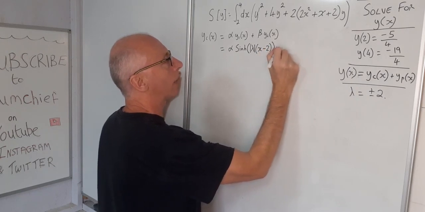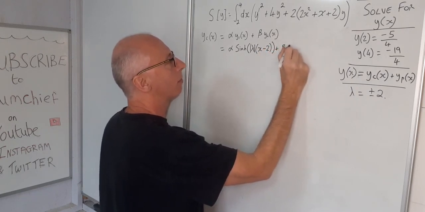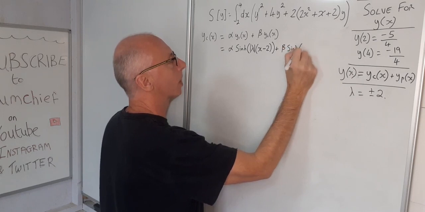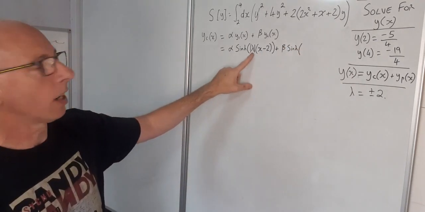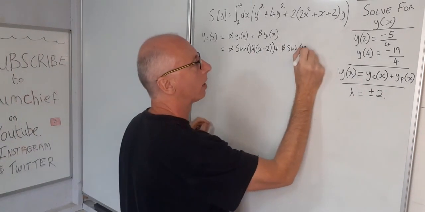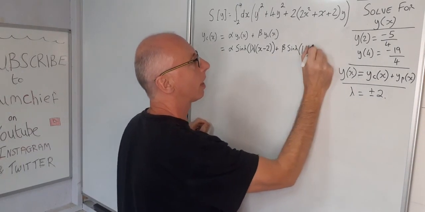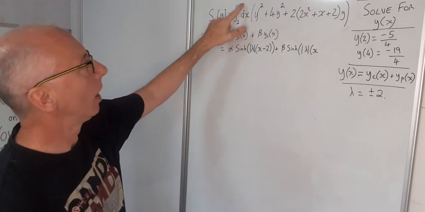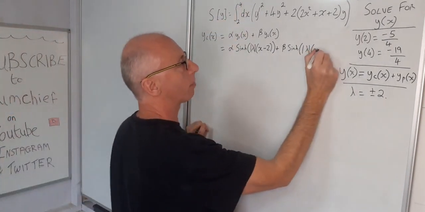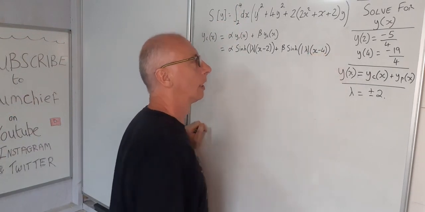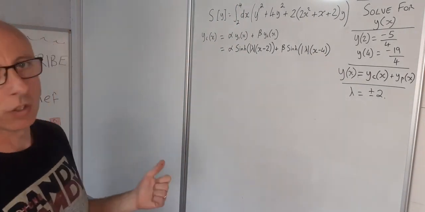And then we add on beta times sinh again. Again, I'm going to use the absolute value of lambda, and this time the other boundary value, which is 4. So x minus 4. Okay, let me rewrite that.